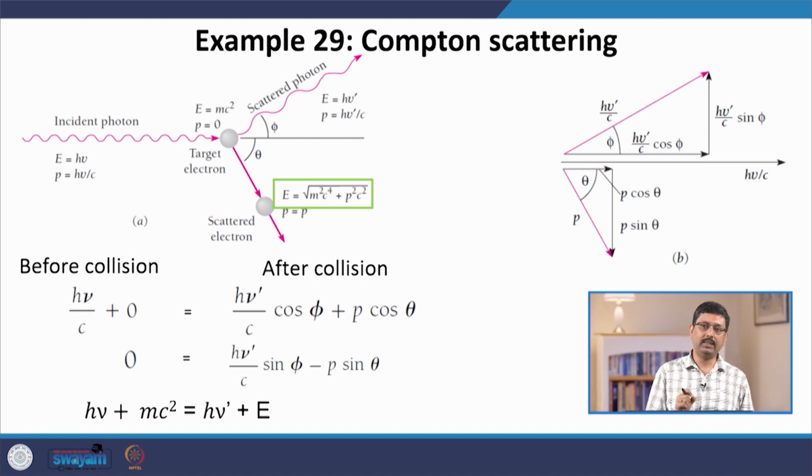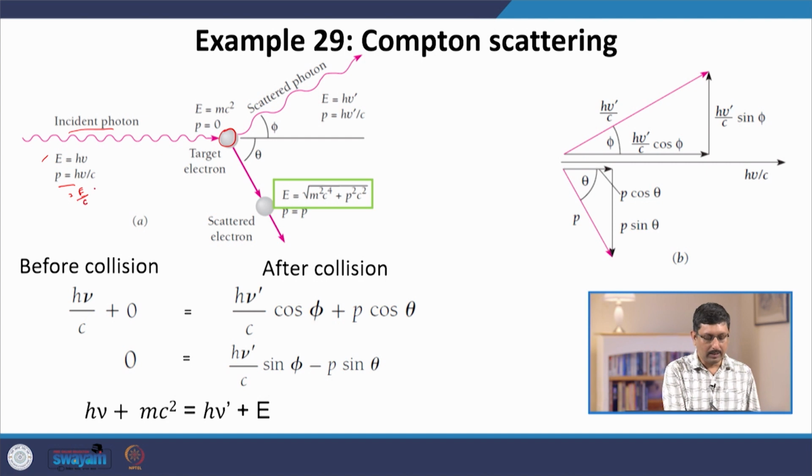At the very basic level, this is a simple two body collision picture. This is an incident X-ray photon, and this is a target electron inside an atom inside the matter. The photon has some energy E, which is equal to Planck's constant times its frequency, h nu. The energy-momentum relation gives the momentum as E by c.